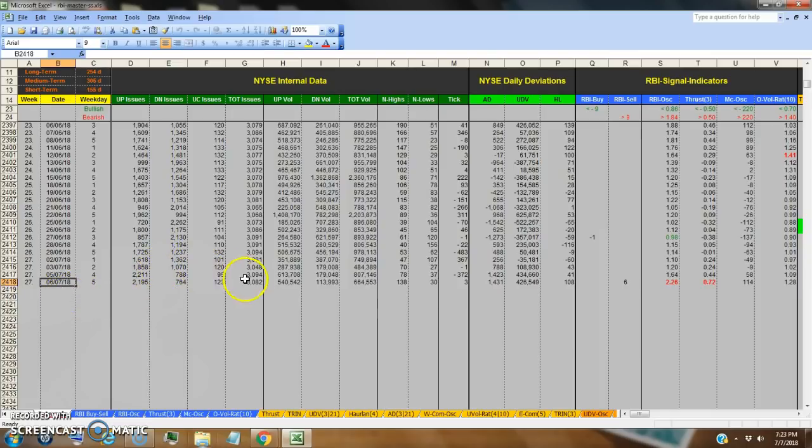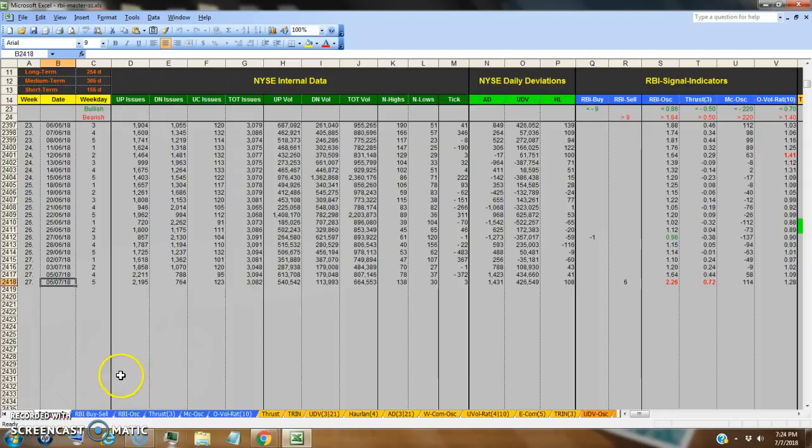I started building these indicators back in the late 80s, early 90s, and the intention was to find something that kind of tracked the market, but also would have boundaries, so it would oscillate. Like the market doesn't oscillate; it'll go where it wants to go. But these would have boundaries, so they follow the market, and they also have boundaries that tell me when the market would be getting stretched on the upside or the downside.